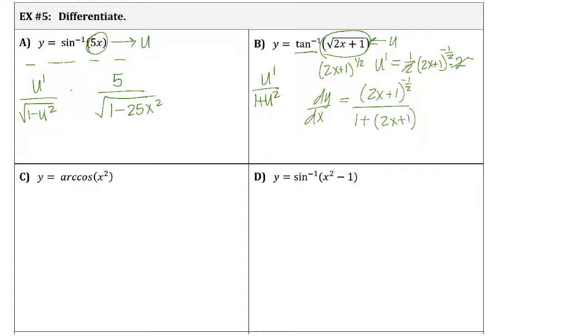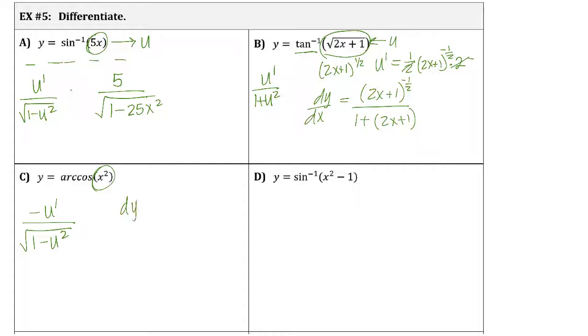Again, we're talking about the derivative of arc cosine, or the inverse cosine. And the derivative for this is going to be negative u prime over the square root of 1 minus u squared. And so now we're going to go ahead and identify, here's our value for u.